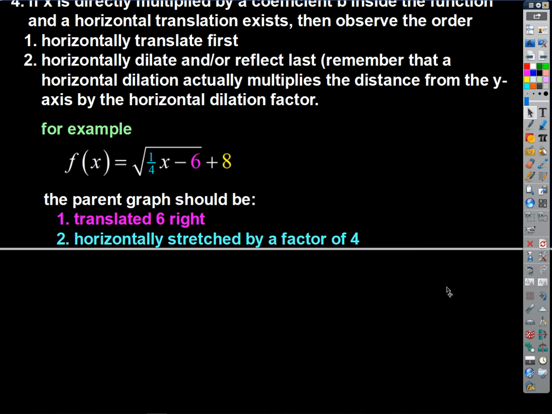So when we stretch it by 4, think what that's doing. If we're gonna move this thing 6 to the right, and then we're gonna stretch it by 4, that means everything gets stretched 4 times as far away from the y-axis, right? So what would this look like? It's a square root graph, right?